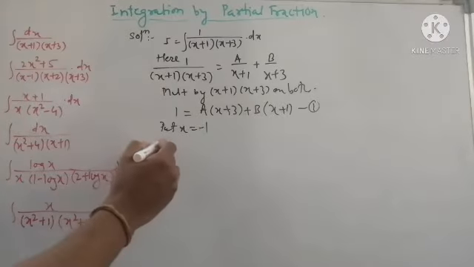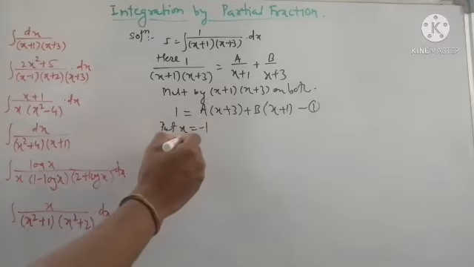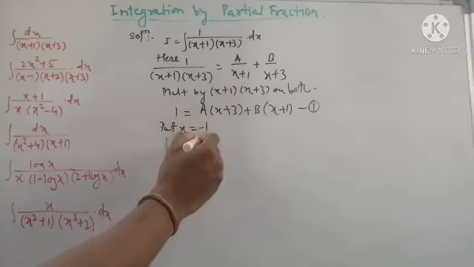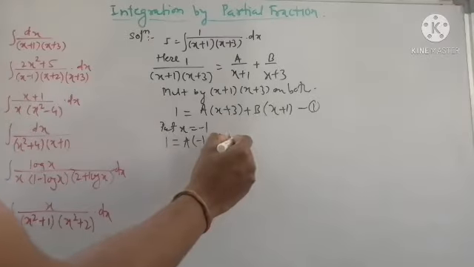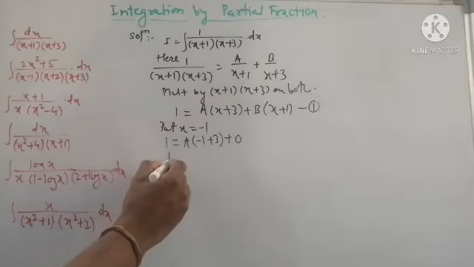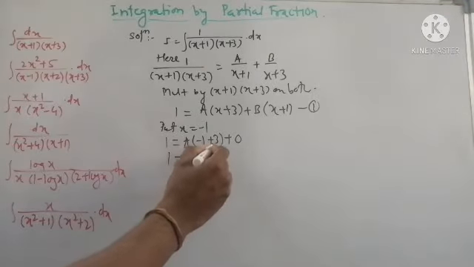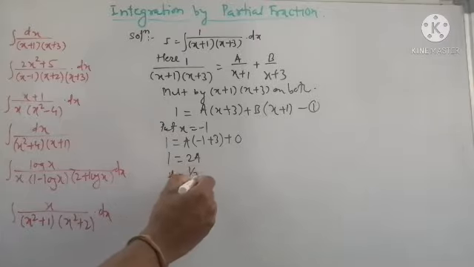On the left hand side there is a constant, so it remains as it is. On the right hand side, in the first term A into bracket, the value of x will be minus 1 and we get plus 3. As the term of B is eliminated, we put it as 0. Simplifying this we get 1 is equal to minus 1 plus 3, 2 into A, 2A, so A is equal to 1 by 2.